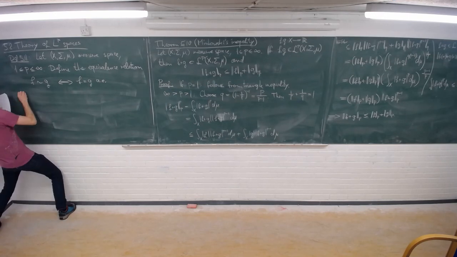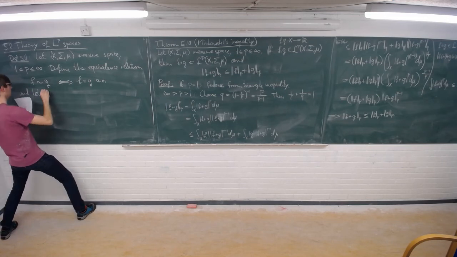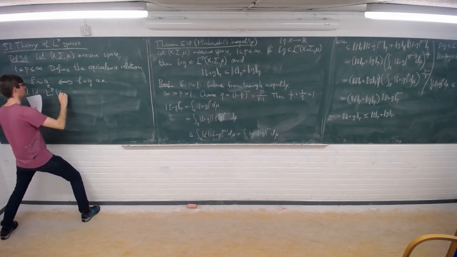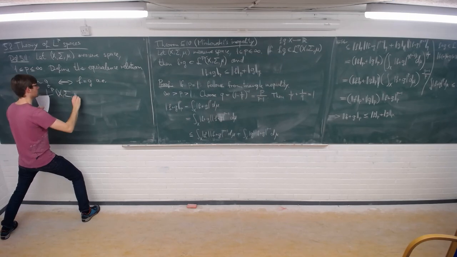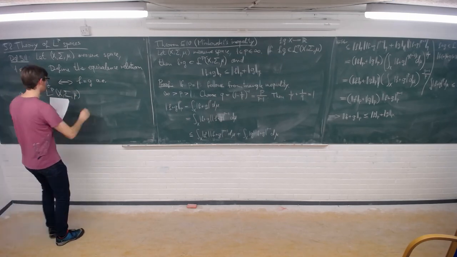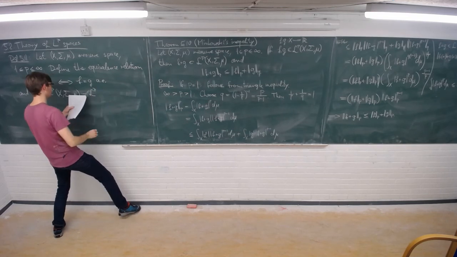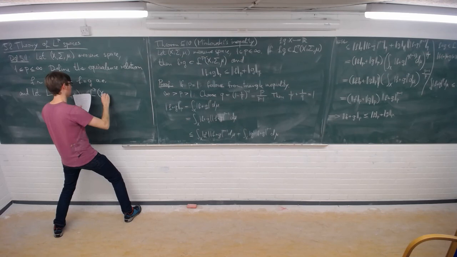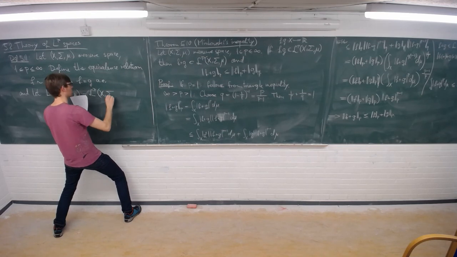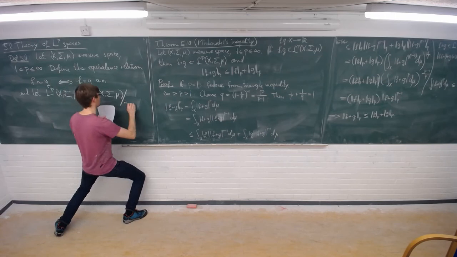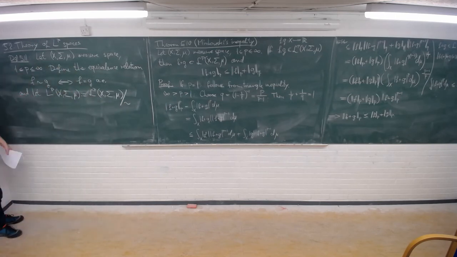Okay, so we just identify all functions that differ on a set of measure 0. And then L^p of (X, sigma, mu) is defined to be the curly L^p of (X, sigma, mu) modulo this equivalence relation.